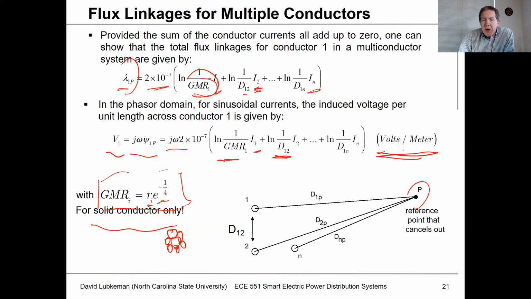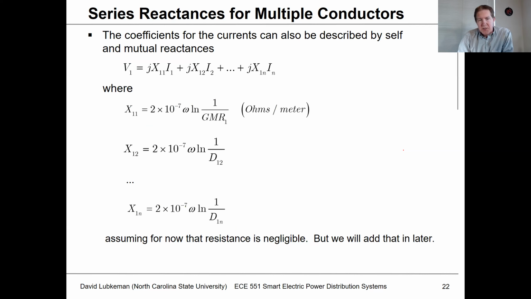So the takeaway from this is that if I want the voltage just across conductor number 1, I can write that in terms of all the different currents in my N-conductor system. I'm not really saying we can only have 3 or 4; this is the general case.